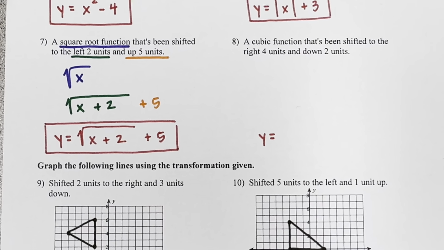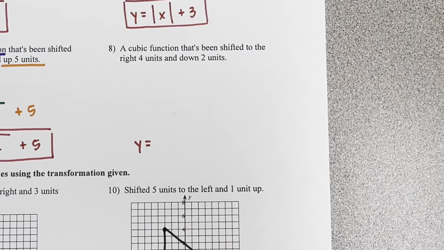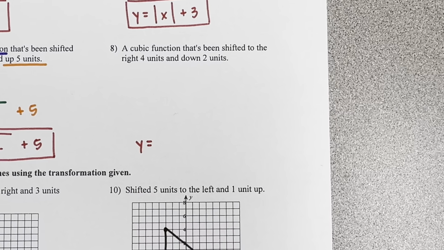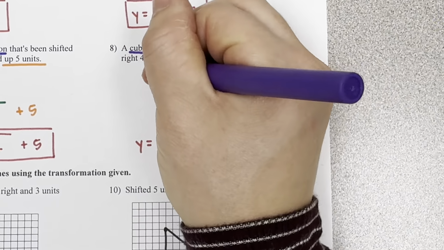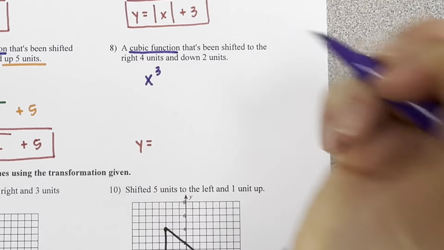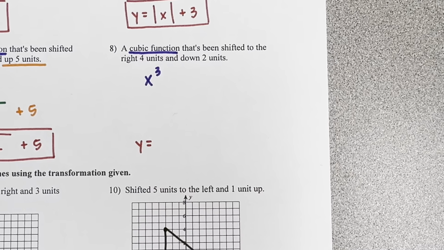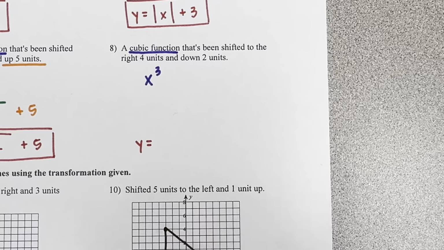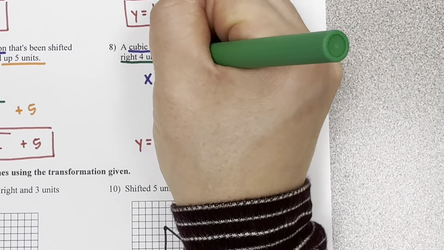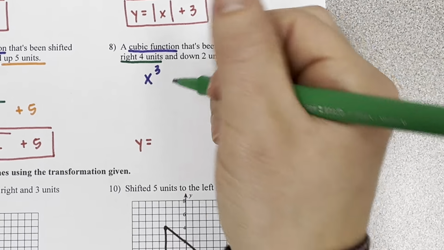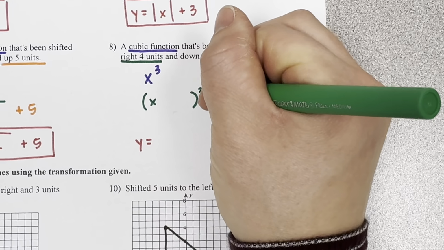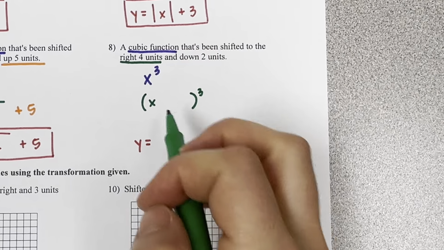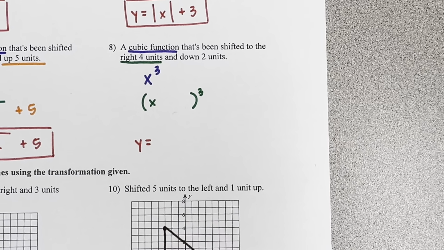Awesome job. All right, number 8. A cubic function. We have a cubic function, which means we start off with x cubed. Let's keep reading. That's been shifted to the right 4 units. Right and left means inside the parentheses, so now I have x cubed, but it's inside my parentheses now.